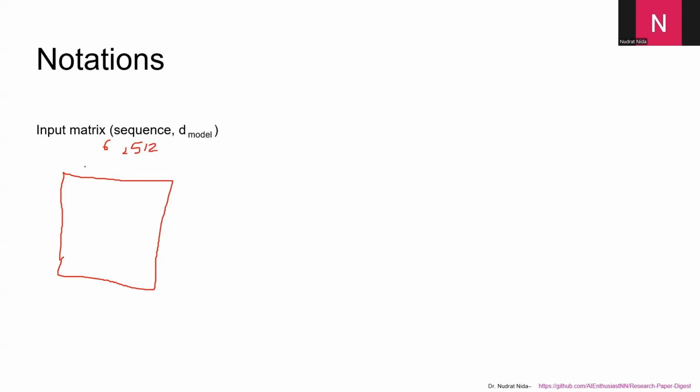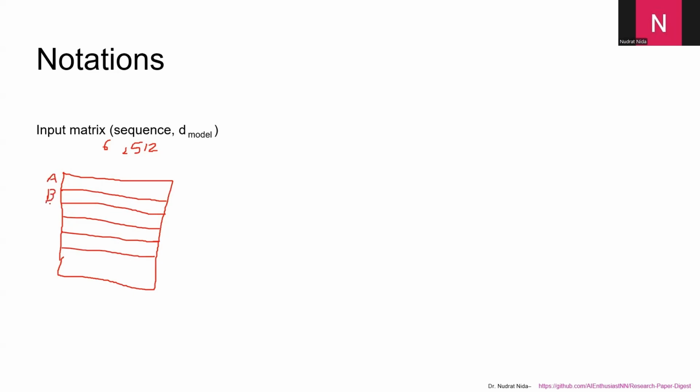It's a simple matrix, meaning there are 6 rows present in this matrix: 1, 2, 3, 4, 5, and 6.